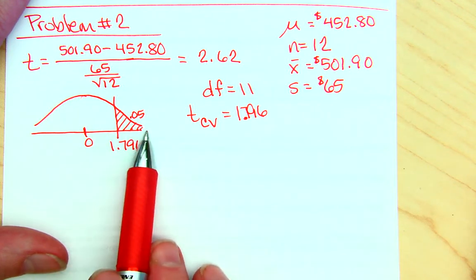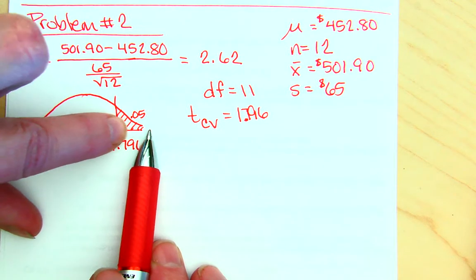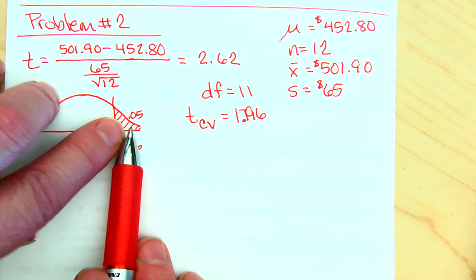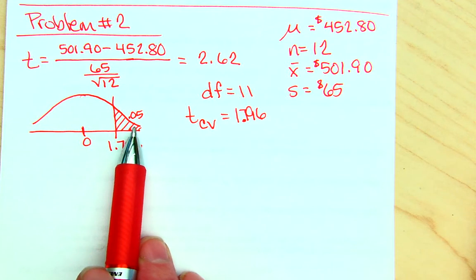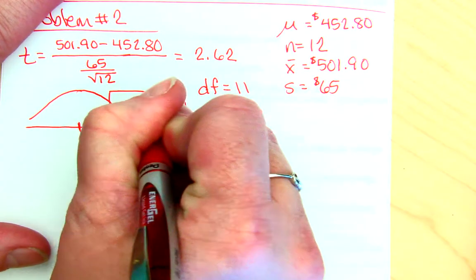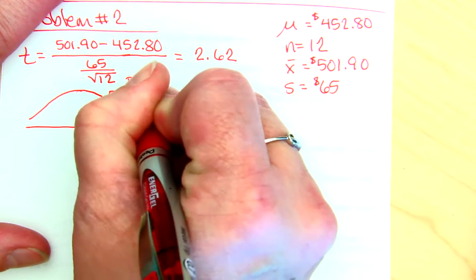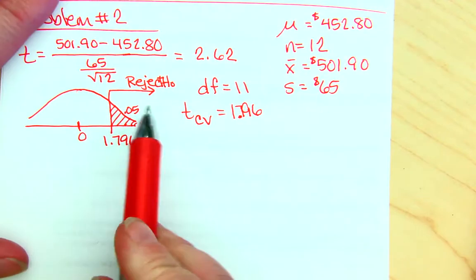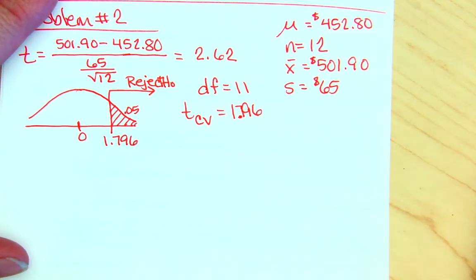If I go beyond that, if I'm at 1.9, the value is smaller than 0.05 because I moved over. I have less area shaded. So anything over here is when we reject H0 because the probability will be smaller than 0.05.